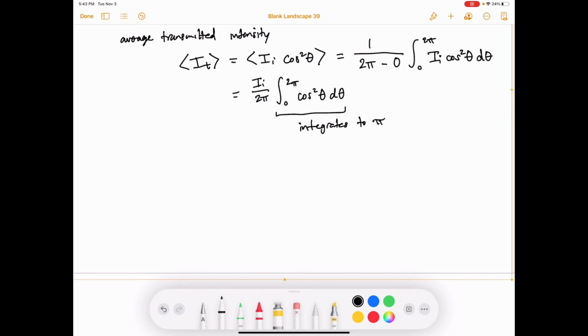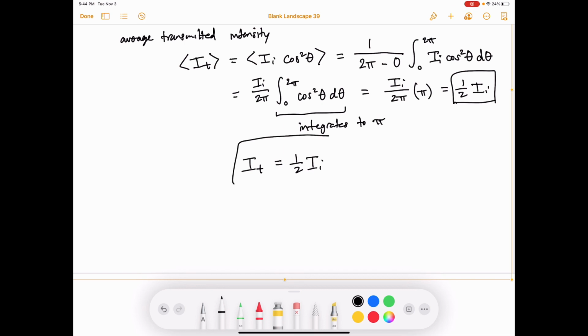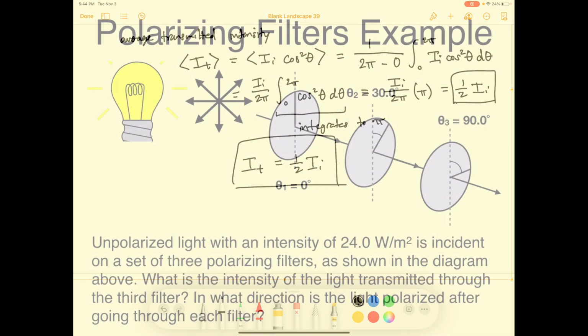So we just get pi when we perform that integral. So we have I_I over 2 pi times pi, which is just 1/2 times I_I. So what gets transmitted, if we start off with unpolarized light, is just 1/2 of the incident intensity. Okay, that's how this works. On average, only half the intensity is going to make it through.